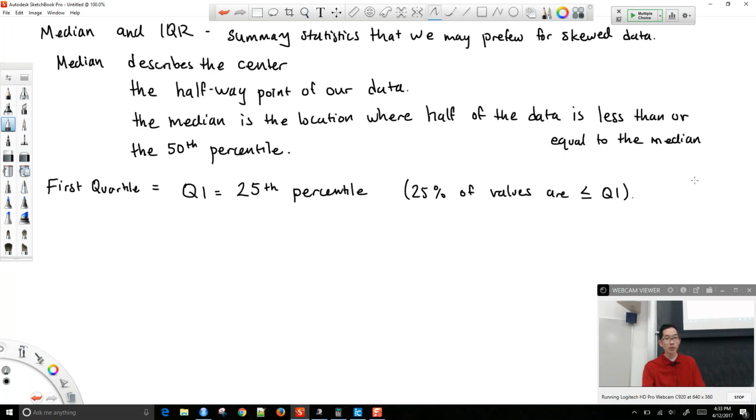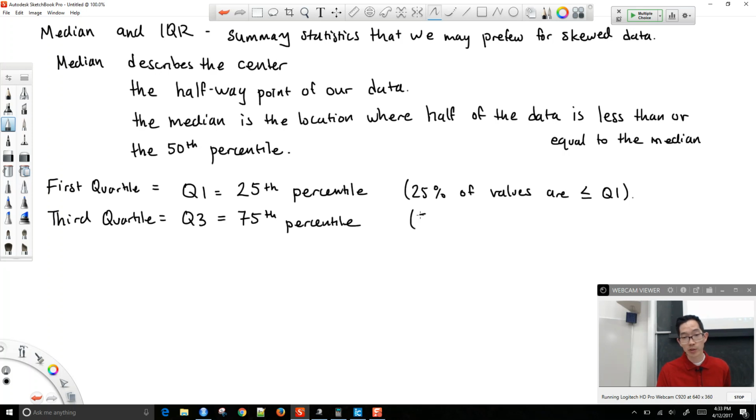So Q1 is the 25th percentile. The median is the 50th percentile. Where would the third quartile be? Q3, this is the 75th percentile. So the spot where 3/4 or 75% of values are less than or equal to Q3.